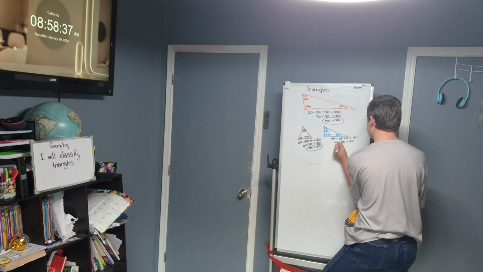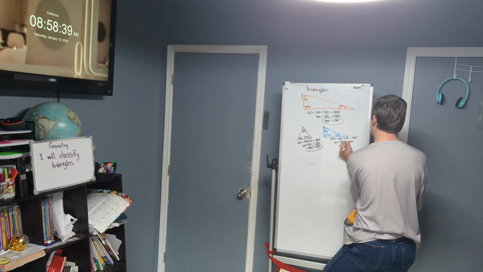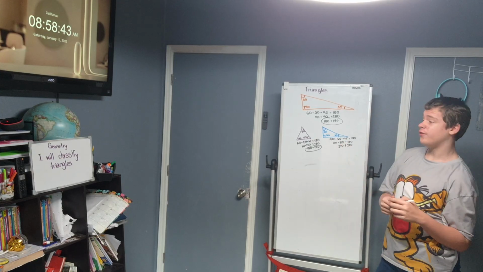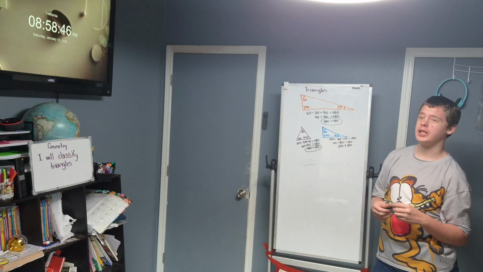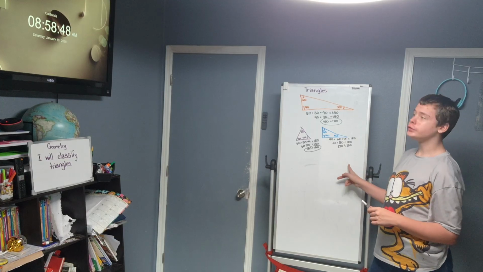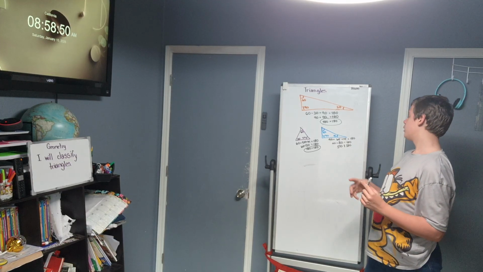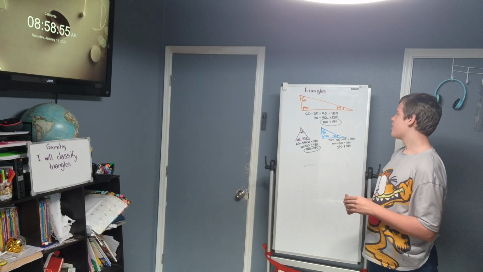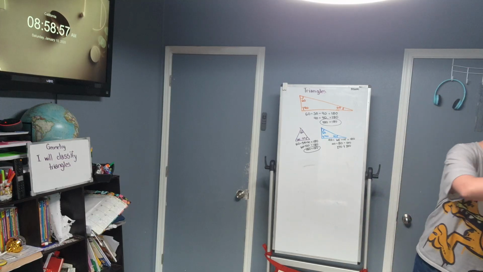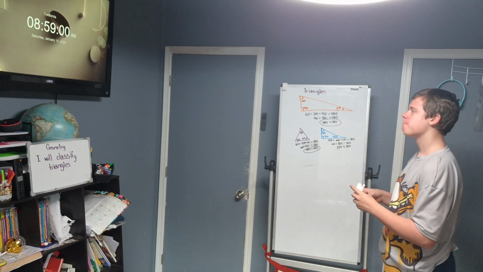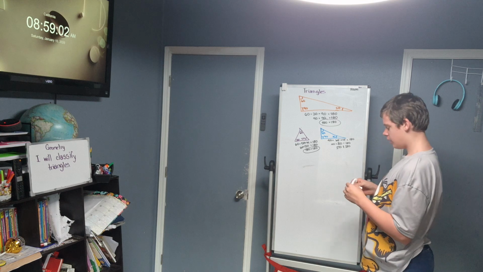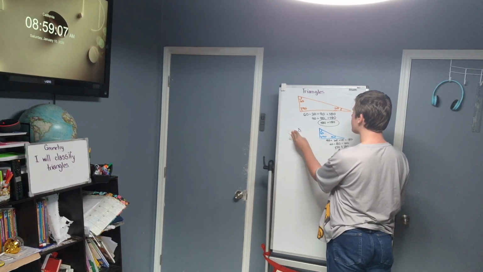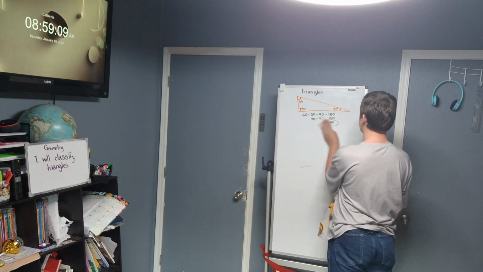So 170 is not equal to 180. And it's not asking us to find the real answer. And that will be 25, I think. So that will be it. So we're probably done with our example.